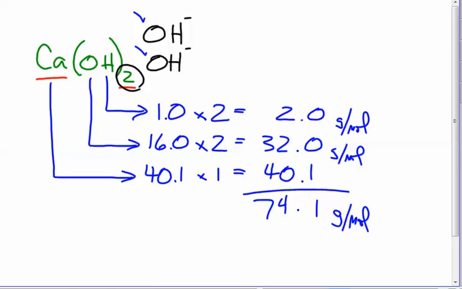Let's do one more similar to that. Let's give ourselves something really interesting. Let's say that we have aluminum sulfate. Aluminum sulfate combines in a ratio of 2 aluminum atoms for every 3 sulfate polyatomic ions. And so once again, the 3 outside of the parentheses is telling us that we have 3 of the sulfate polyatomic ions.